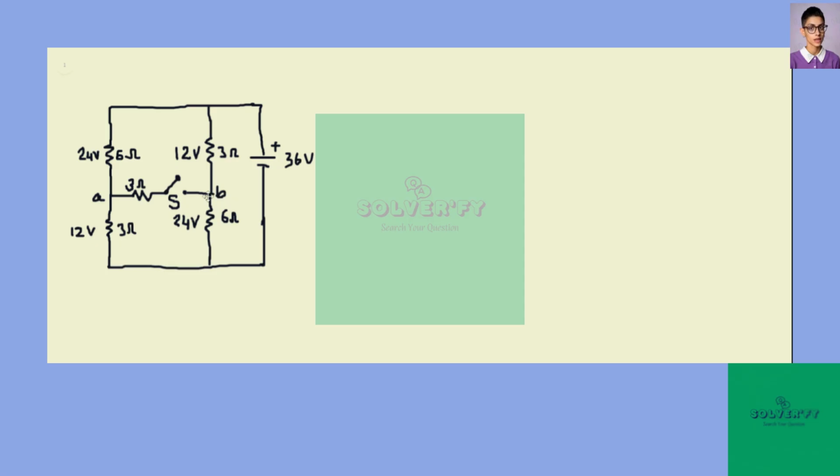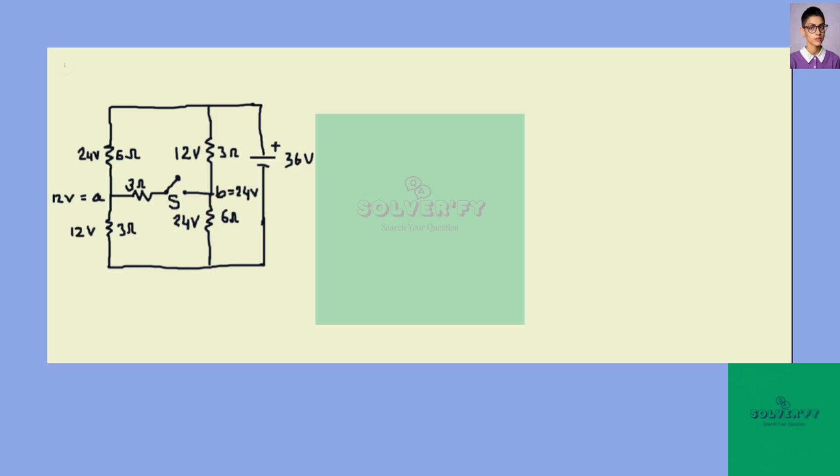So point B should be at a potential of 24 volts, and similarly point A should be at a potential of 12 volts, because 36 minus 24 is 12. This point has 36 volts and in between the 24 volts is dropped. So what reaches here? 12 volts, right?